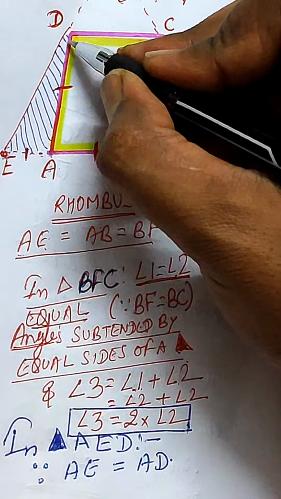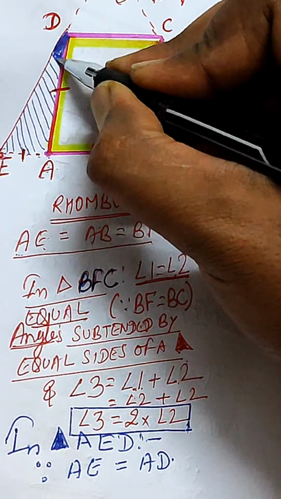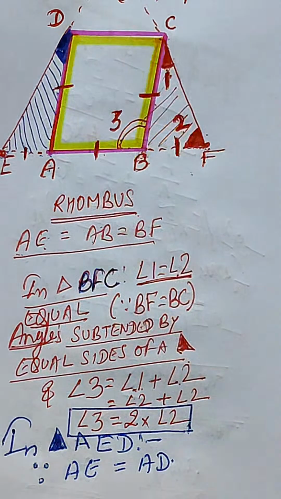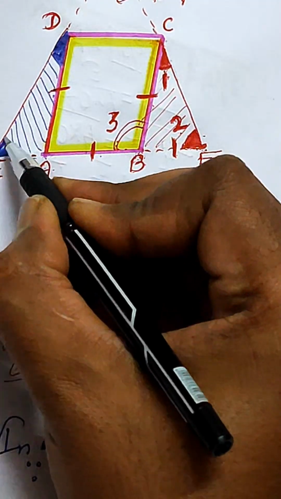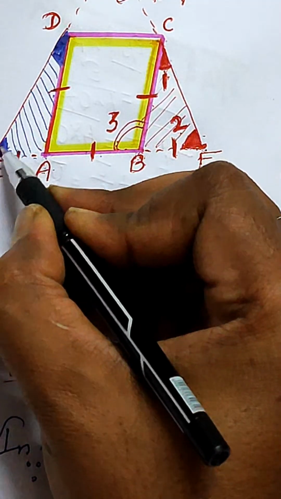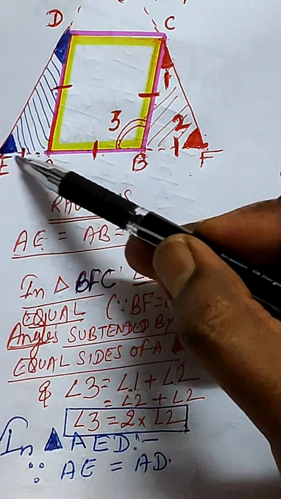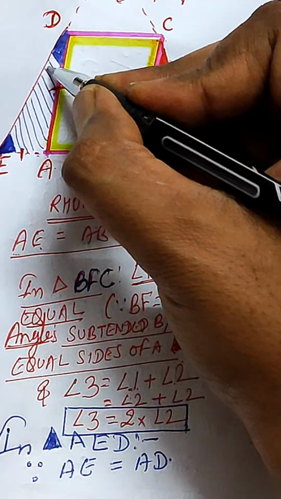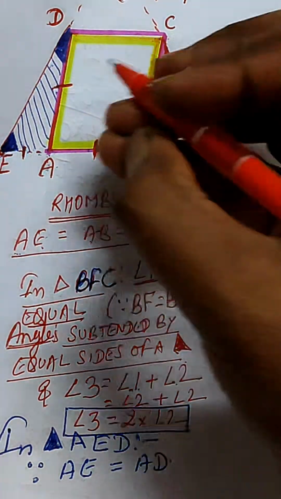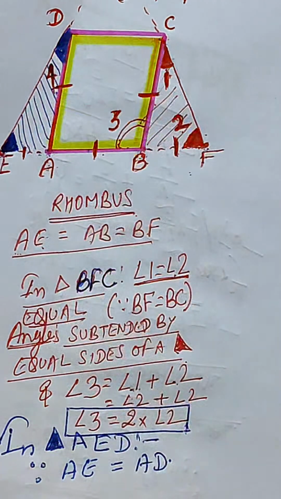Then this angle should be equal to this angle, because both these angles are formed by the sides which we have spoken, that is AE is forming this angle. Let's say this is angle 4, right?